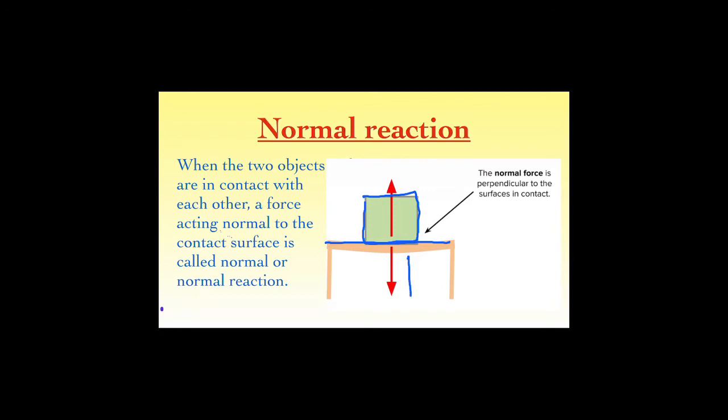This is the weight, but the block is not coming down because a force is also exerted by the table, vertically upward. This upward force makes an angle of 90 degrees with the surface of the table. Therefore, this is the normal reaction. Sometimes we call it just the normal.